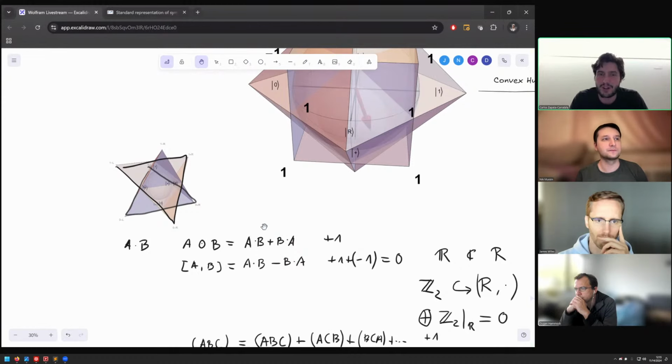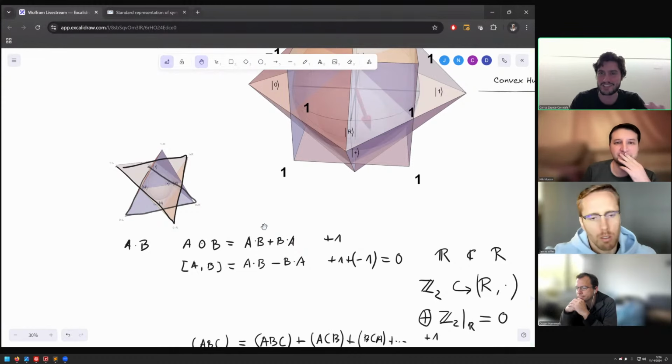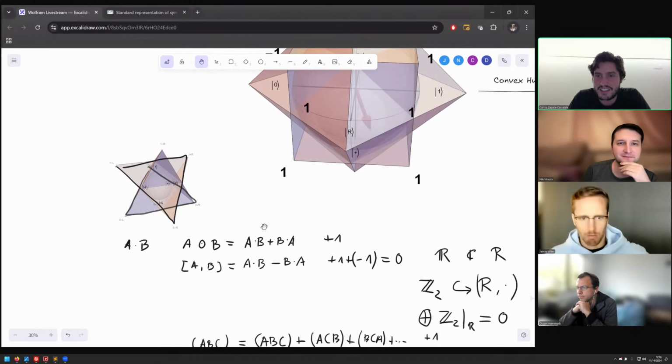At this point, I'm just speedballing about what a tetrahedron feels like in 3D, right? But the fact that you have 4 faces is like you tried to be orthogonal in 4 dimensions, but you failed, right?